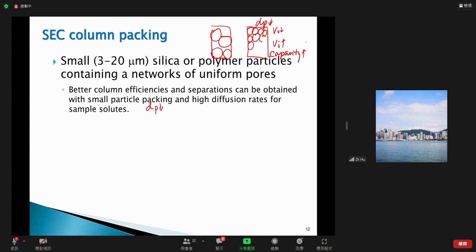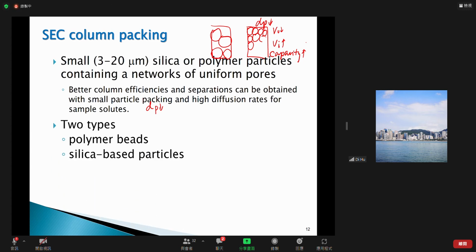Also, diffusion is the only way for the analyte to come out from the stagnant mobile phase inside the pore. So you want the molecules to have a high diffusion rate so they can easily go along with the mobile phase.